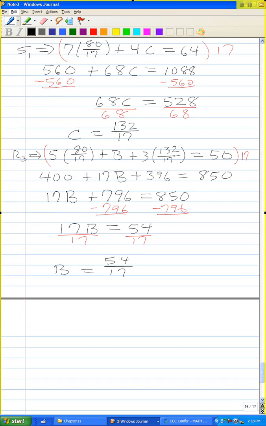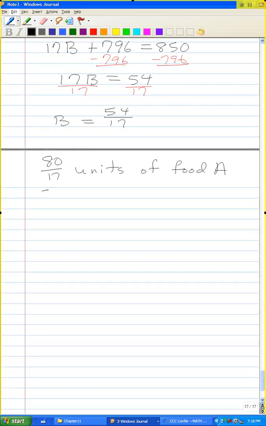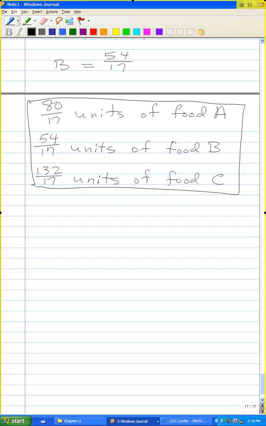And so I have 80 over 17 units of food A. 54 over 17 units of food B. And 132 over 17 units of food C. And that is your answer.